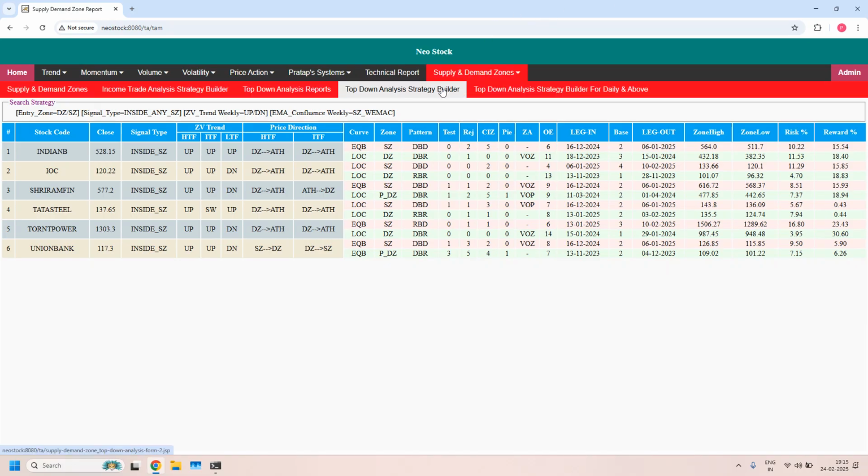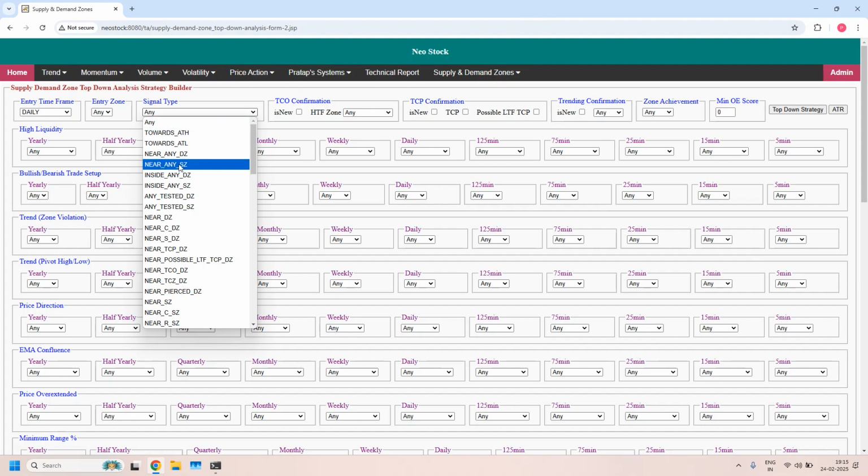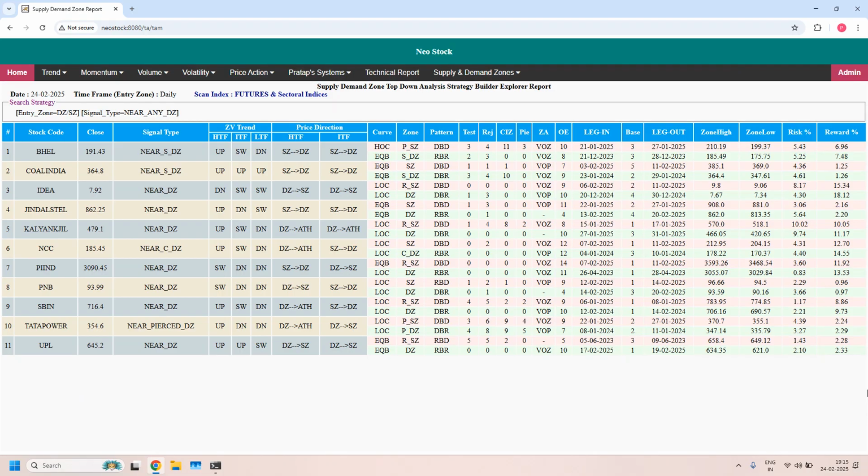Next time frame is daily. Entry time frame daily. Let us find the stocks near daily demand zone. We got 11 stocks. Out of these 11, how many are having high liquidity zones? Let us verify. BHEL is having a high liquidity zone.